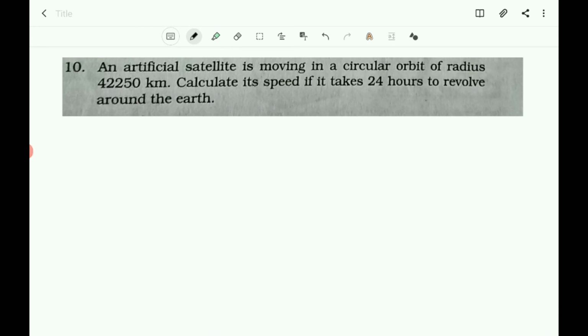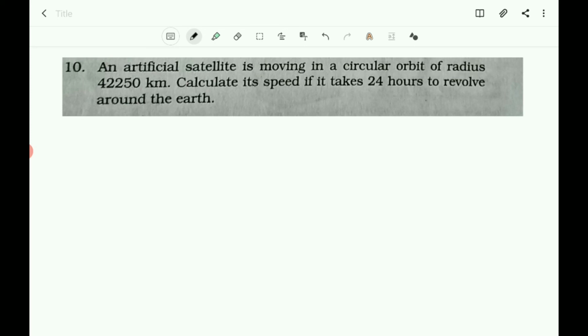Now the 10th question. An artificial satellite is moving in a circular orbit of radius 42,250 km. Calculate its speed if it takes 24 hours to revolve around the earth.